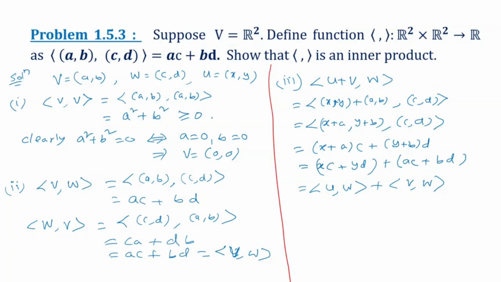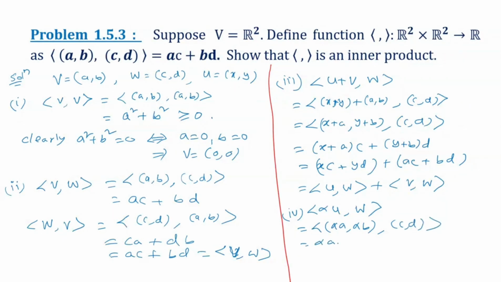Now we will have the fourth property, which is very easy: ⟨αu, w⟩. So this is equal to (αa, αb) and then (c, d).